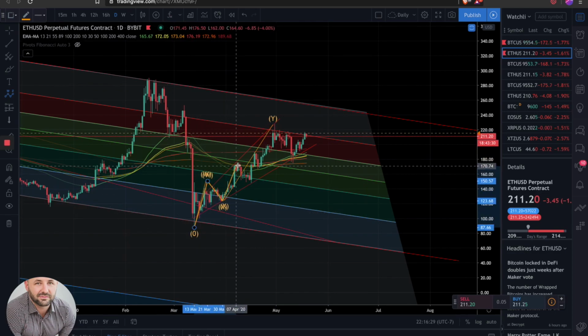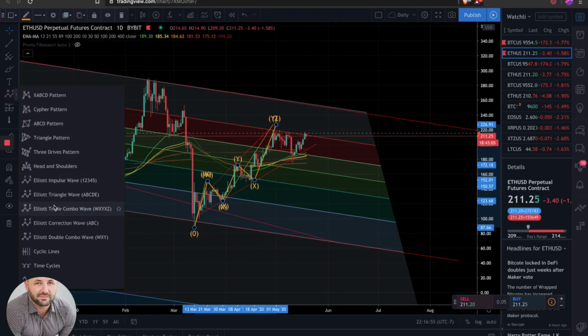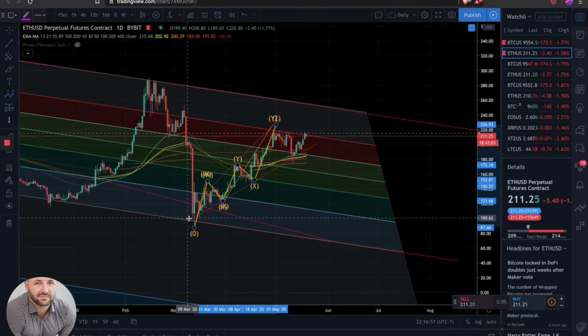Because even a WXY or WXYXZ is probably the way that I would be leaning for this to be a corrective wave, just because this move right here in the middle, it's really hard to count this as a wave 1 and then make this a wave 3. Is it possible? Yes, it doesn't exactly break any of the Elliott wave rules. So it is still on the table to make this a wave 3. And what I mean by that, basically we would start our wave 1 right here.